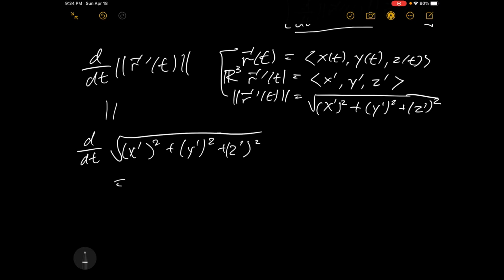Using our single variable differentiation rules, first off, there's a square root, so we need to take the derivative of the square root itself. Since a square root is basically to the power of 1/2, you bring the 1/2 down, and the inside ends up to the -1/2, so that will be the square root on the bottom.